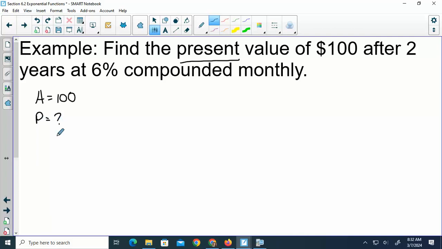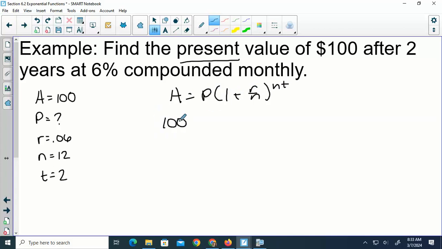So we don't know P. Interest rate is 6%, compounded monthly, so that would be 12 times a year, and we are doing 2 years. So it's regular compounding. So 100 is what we need to end with. 0.06 over 12, to the 12 times 2 power.